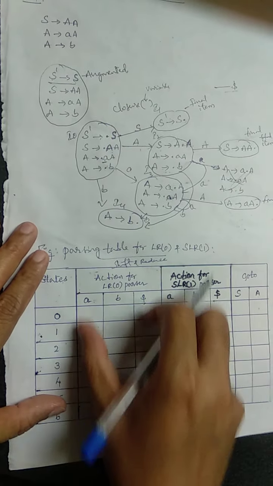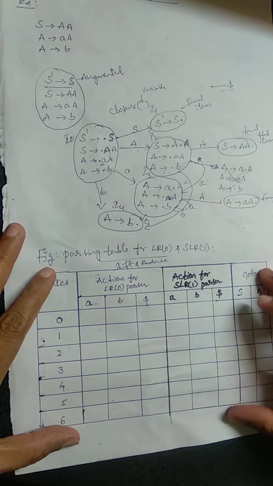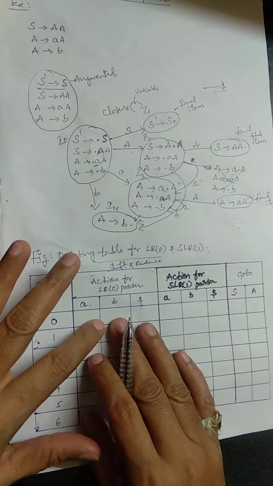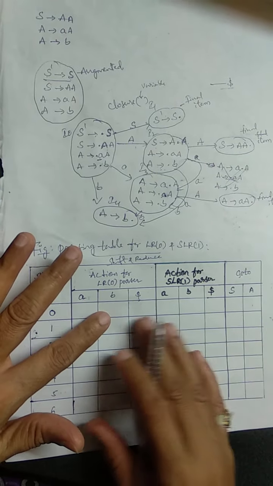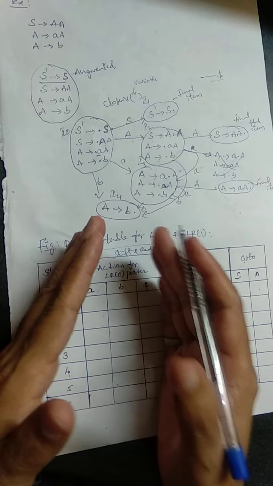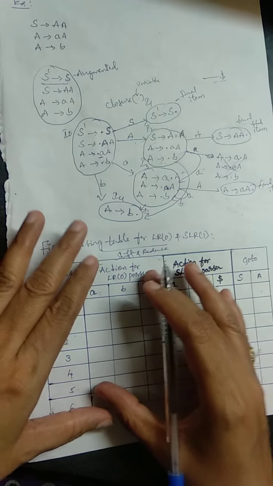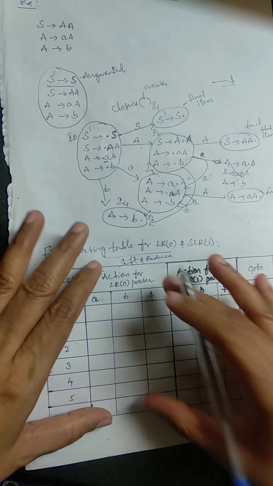So first, let's complete the LR0. In this complete parsing table, I have considered both the action for LR0 and SLR1, so that we can easily differentiate and understand the major difference between LR0 and SLR1. First I will complete the parsing table for LR0.